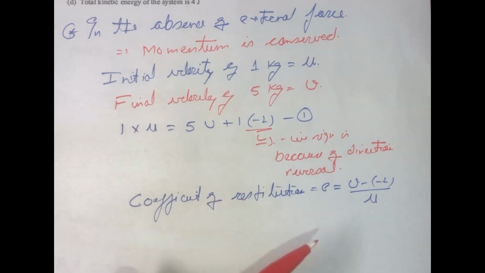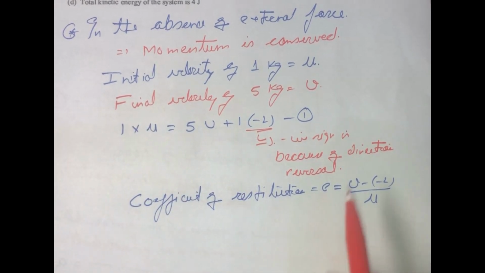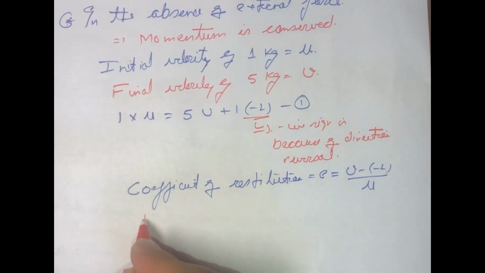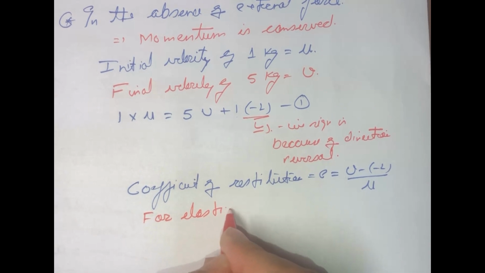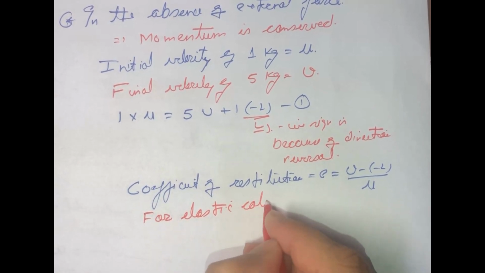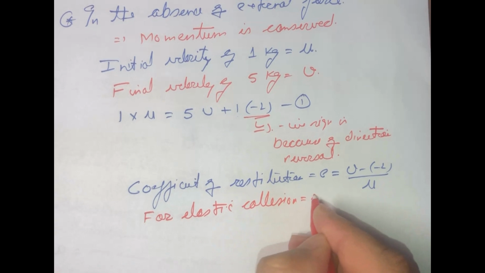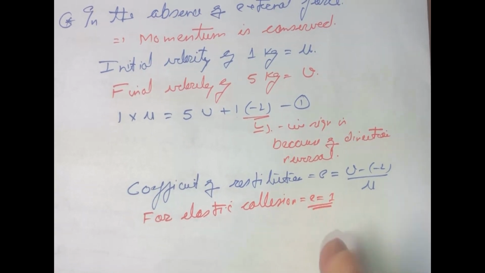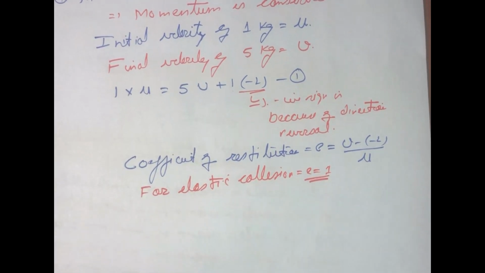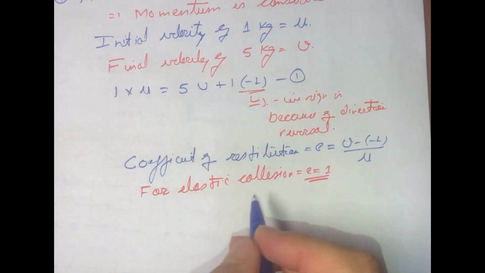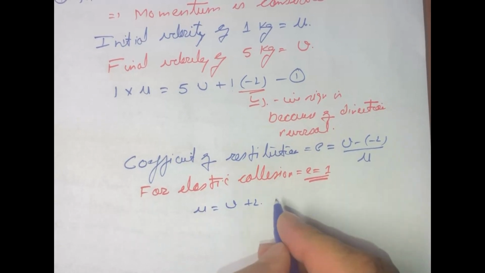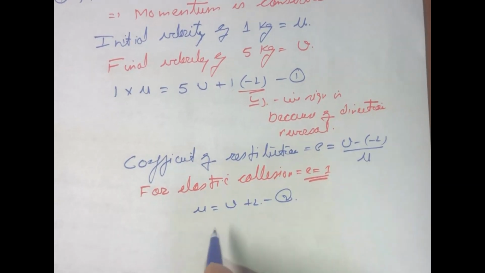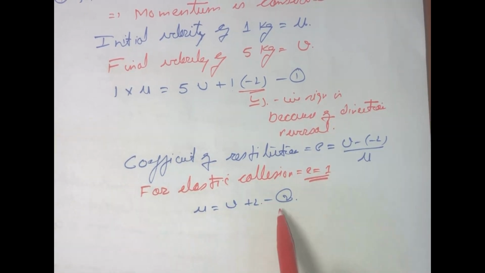It is given that the collision is elastic, so for an elastic collision e is equal to 1. We substitute it here, and from here we get the equation u is equal to v plus 2. Let us call this equation number 2. So we substitute the value of u from equation 2 in equation 1.